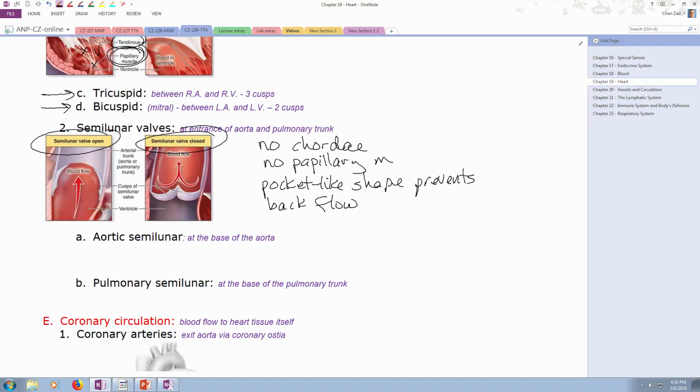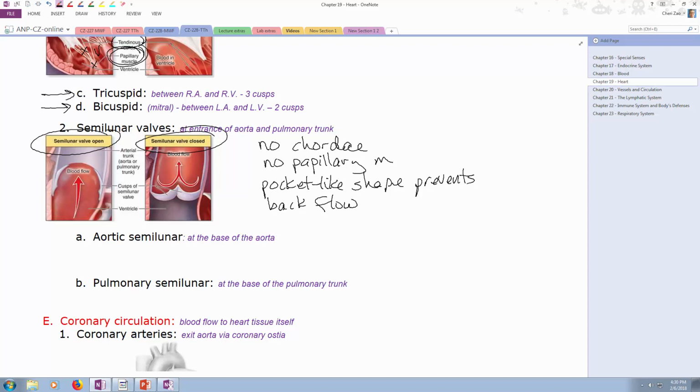Now, when the ventricles stop contracting, what does the blood want to do? It wants to fall back into the ventricles, correct? And there's many reasons for that. We'll get into that a little bit later, but it does want to fall back into the ventricles. And so indeed, as my blood falls back, as my blood falls back into the ventricles, it falls into these semilunar valves, causing them to billow out and therefore close.